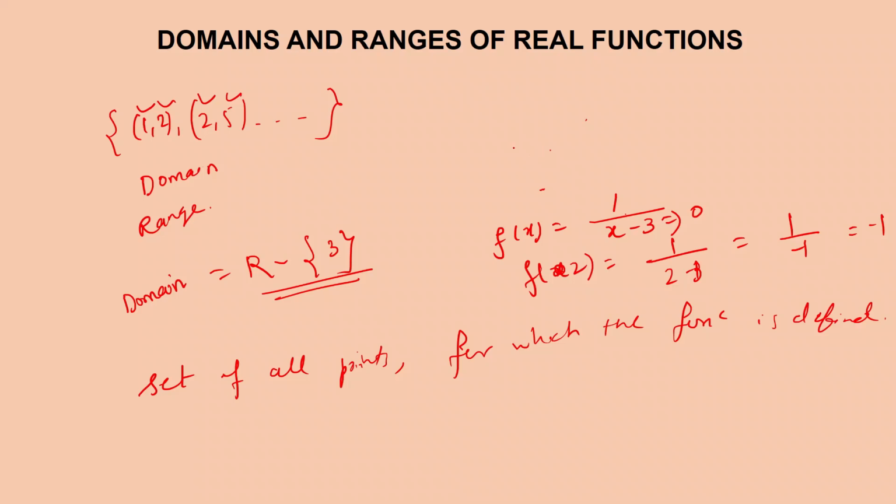So similarly, if you put in 4 in place of x, you'll be getting 1 over 4 minus 3, which is equal to 1 by 1, which is equal to 1.